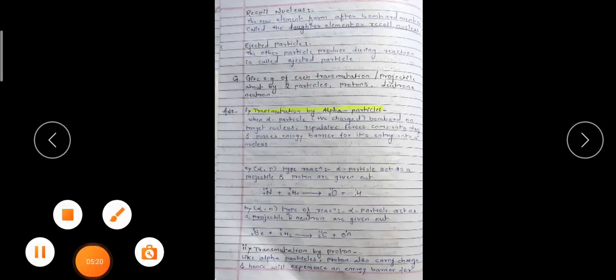Some particle is ejected, or another particle produced during the reaction is called the ejected particle. That you have to remember. Got this point?